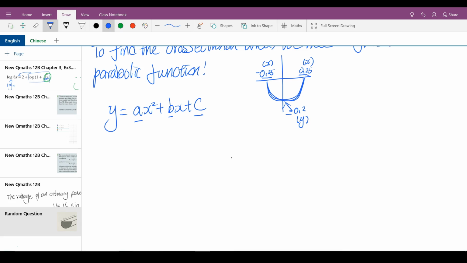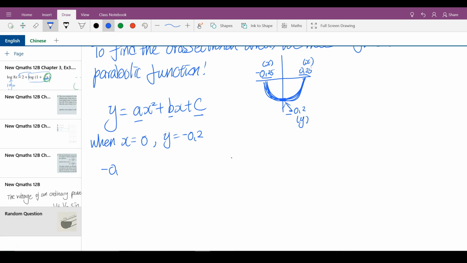All right, let's look at the y-intercept first. Well, it is the y-intercept. We know if it's a parabola, the minimum will be the y-intercept. So this will be negative 0.2. When x is equal to 0, which is where the y-intercept is, y is equal to negative 0.2, right?